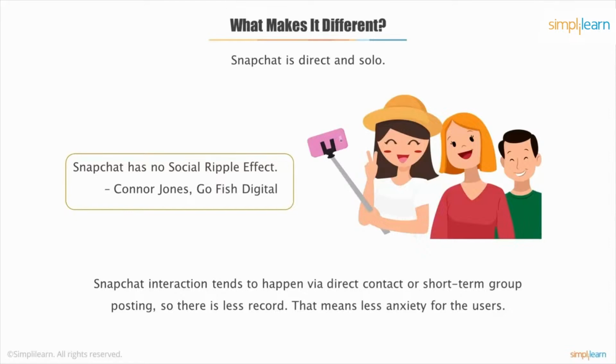Now, there are several things that make Snapchat different from some of the other options out there. One of the big ones is that Snapchat offers people a direct interaction between friends. There are several different types of content that you can post, and we'll go over those a little later in the video. But the thing to keep in mind is that users have the option of saying, I'm going to take this picture, or I'm going to shoot this little video, or I'm going to write this message, and I'm going to send it to just 3 of my friends or 4 of my friends.